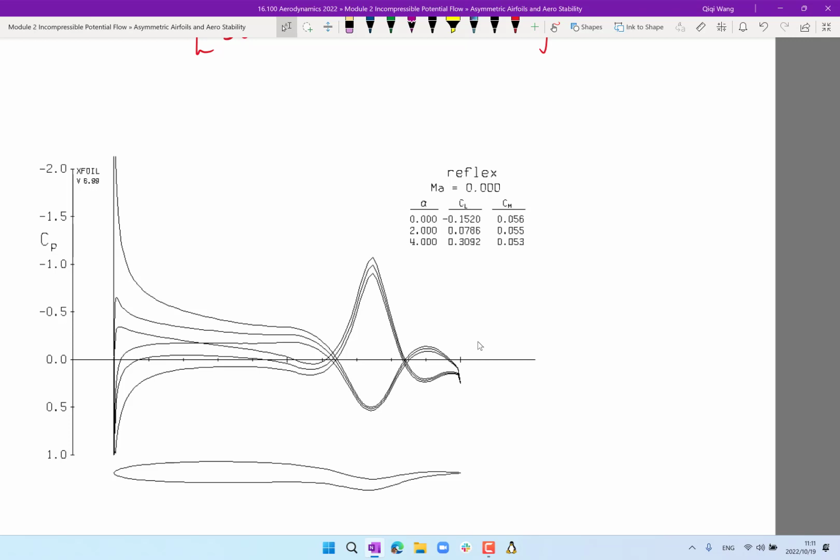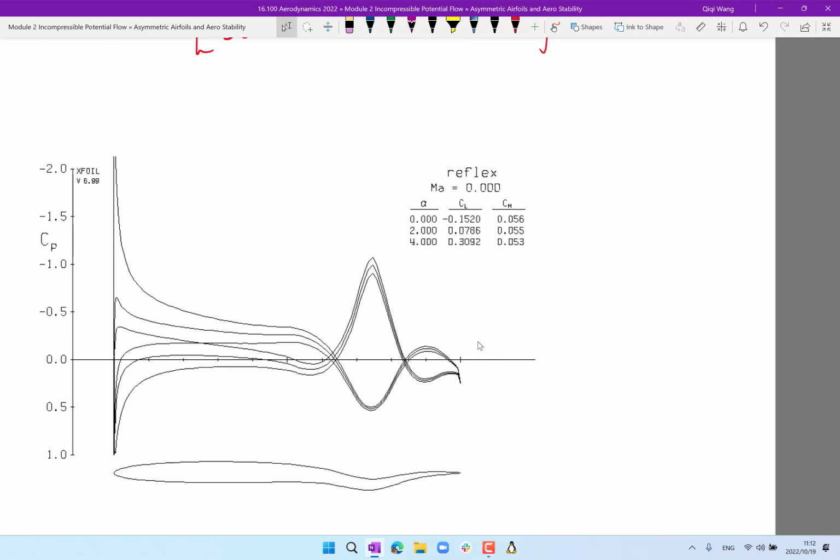At 2 degrees angle of attack, we have a suction a little bit above the leading edge, and we have a stagnation point, Cp equal to 1, a little bit below the leading edge, and the pressure goes like this, reflects, and then comes back, right? So that's the pressure distribution at 2 degrees angle of attack.